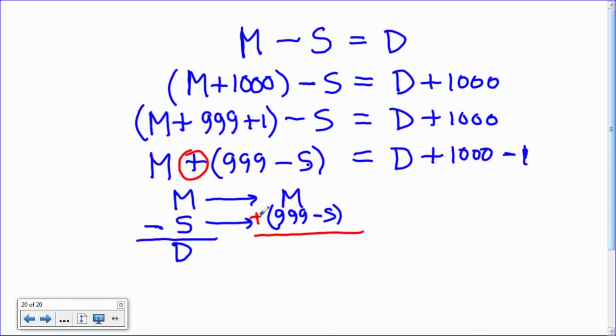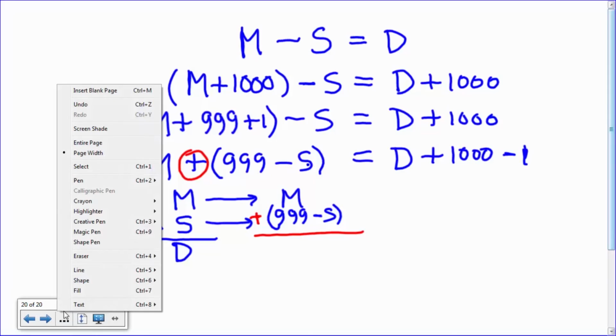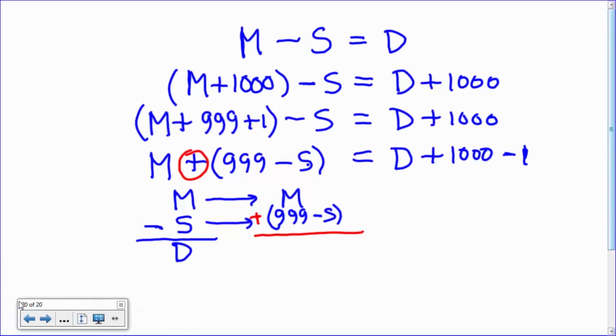It's doing the step that's on the left-hand side. So now what happens? When I add these together, I get what we're supposed to get. I'm getting M plus 999 minus the subtrahend. I'm adding those together.